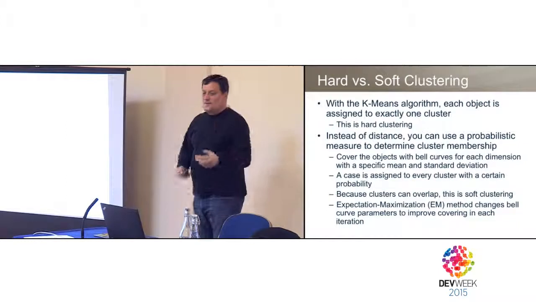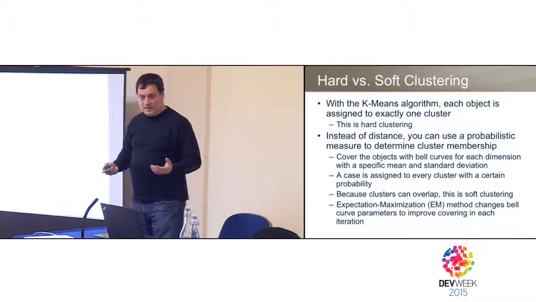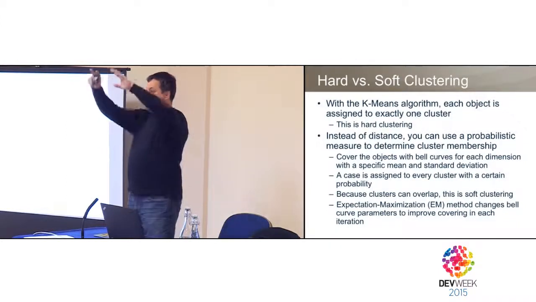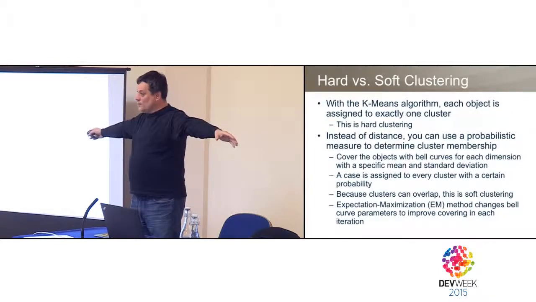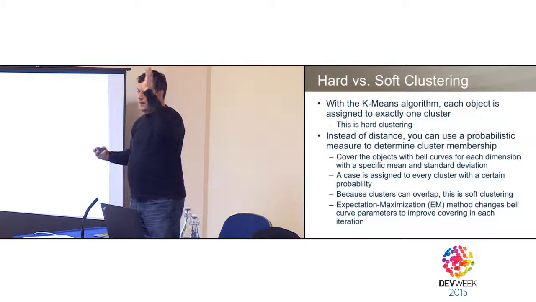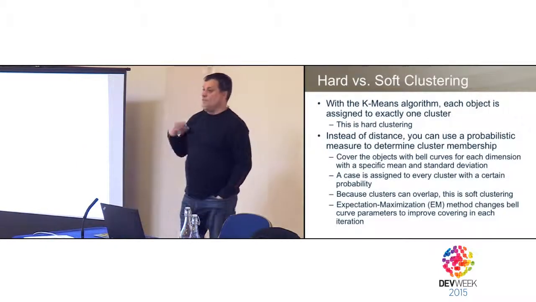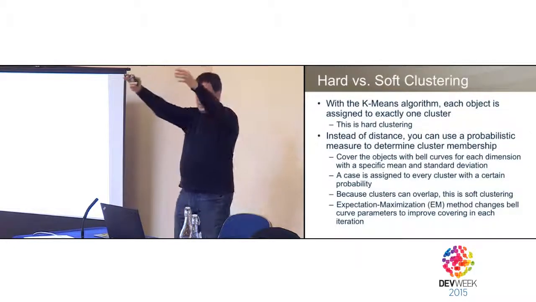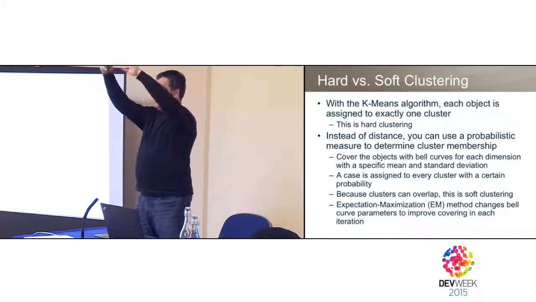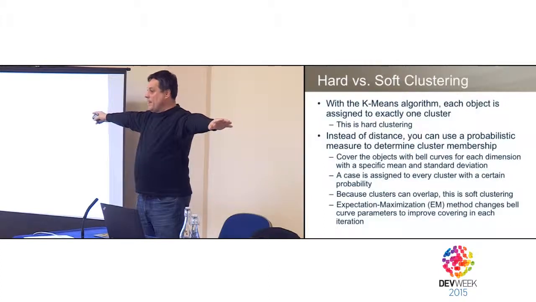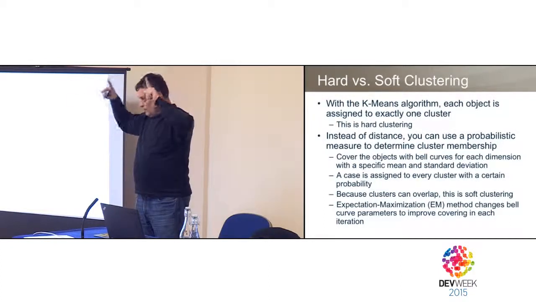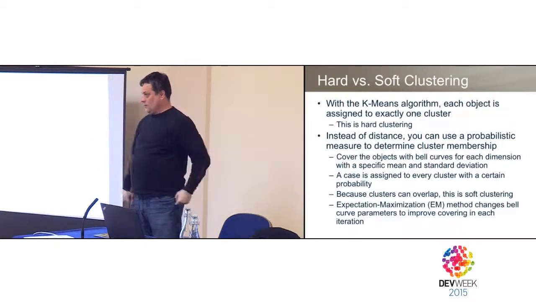Now imagine that instead of geometrical distance, I would use some kind of probability function, normal curve, to calculate the probability that this case is in this cluster, right? So we use centroids again, and then we try to cover cases with bell curves on each input variable around this case.